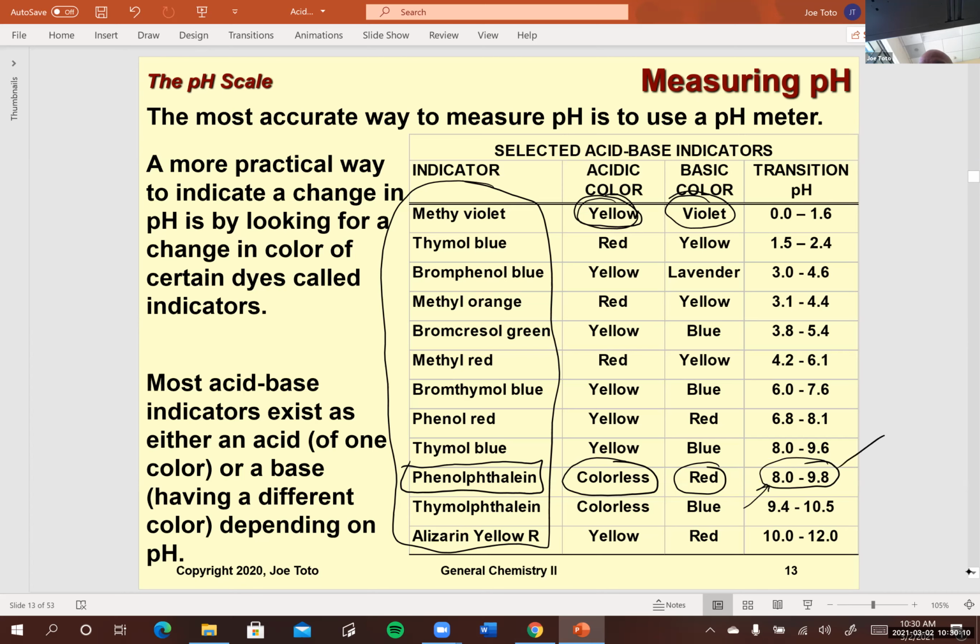So the question that I often ask my students is, using phenolphthalein, does that introduce error in your experiment for finding the endpoint, which is an approximation to the equivalence point between an acid and a base?